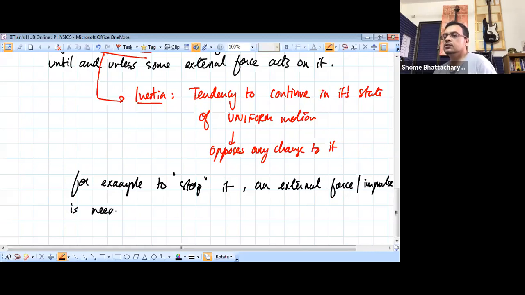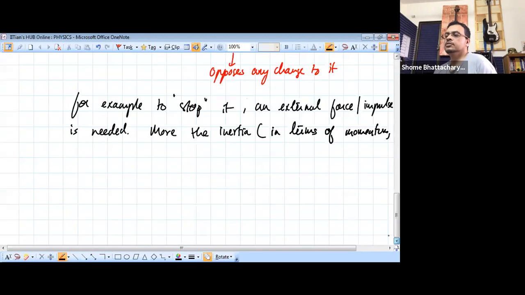Okay. And we'll say the more the inertia of the body, that is in this case in terms of momentum, the more the momentum of the body, which we can define by a vector called P over here, which is mass into velocity.